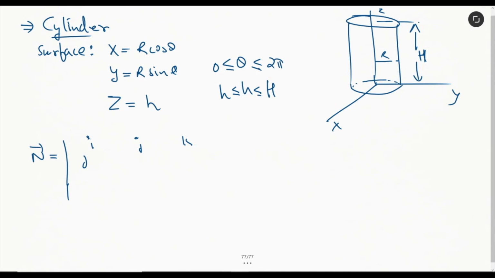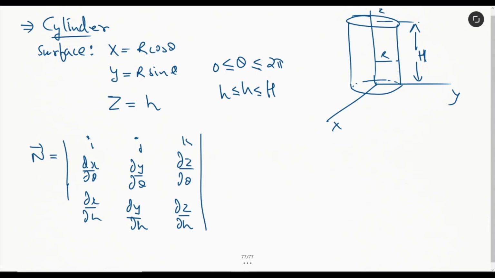So it should be dx by d theta, dy by d theta, dz by d theta, dx by dh, dy by dh, and dz by dh. This can be given as r theta cross r h.